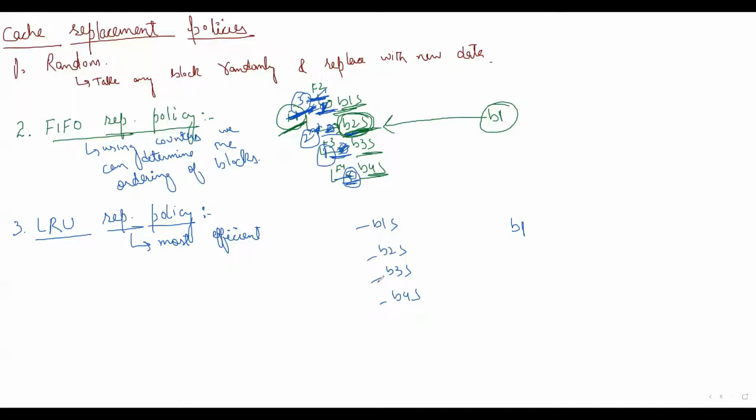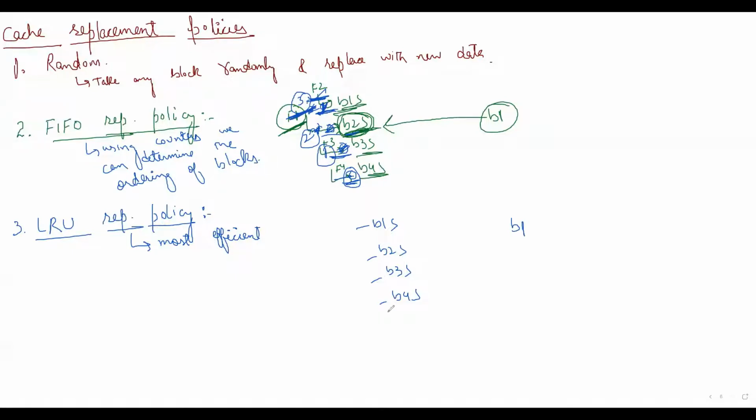So which one was the least recently used book? That was B4. And which one is the most recently used book? That is B1. So if I have to replace one of these 4 books, I will replace the one which was least recently used, and that was book 4.